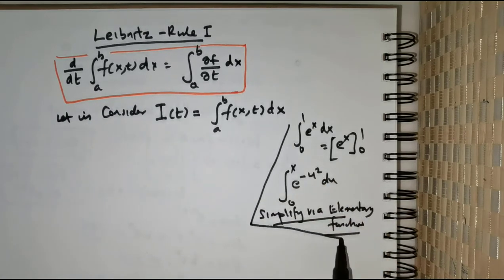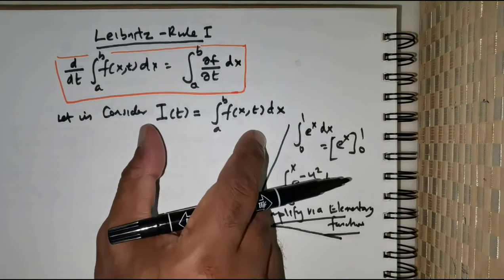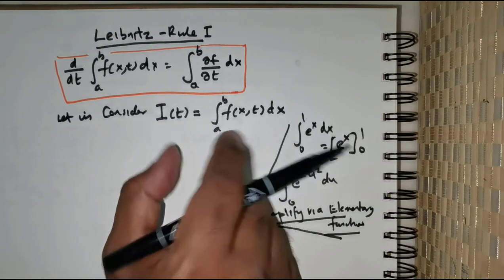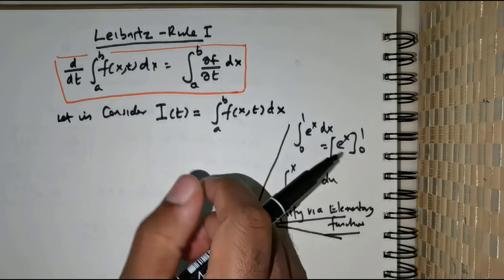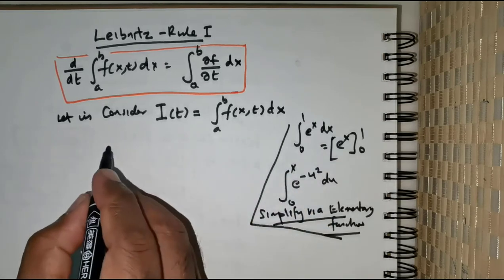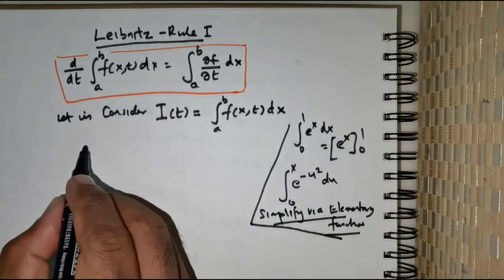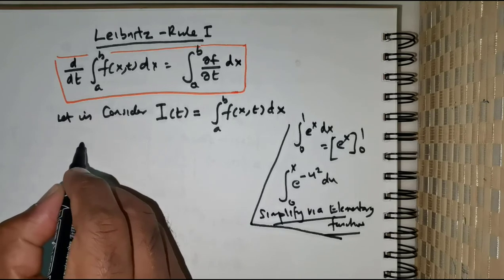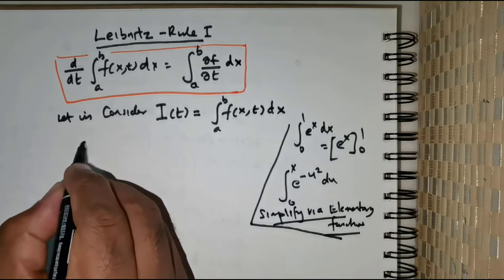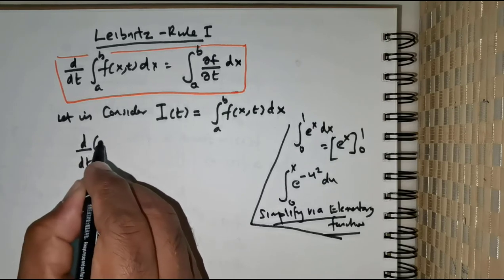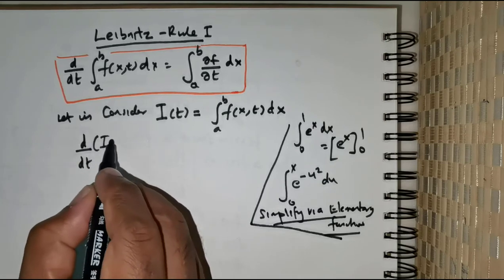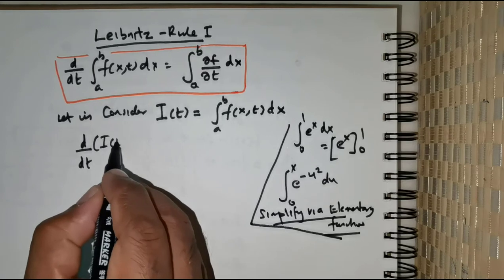Having mentioned that, let me go on to show you the proof. So I'm considering I of t to be equal to the integral from a to b of f of x comma t times dx. Now let me differentiate this quantity with respect to t, the total differential. So d over dt of I of t.